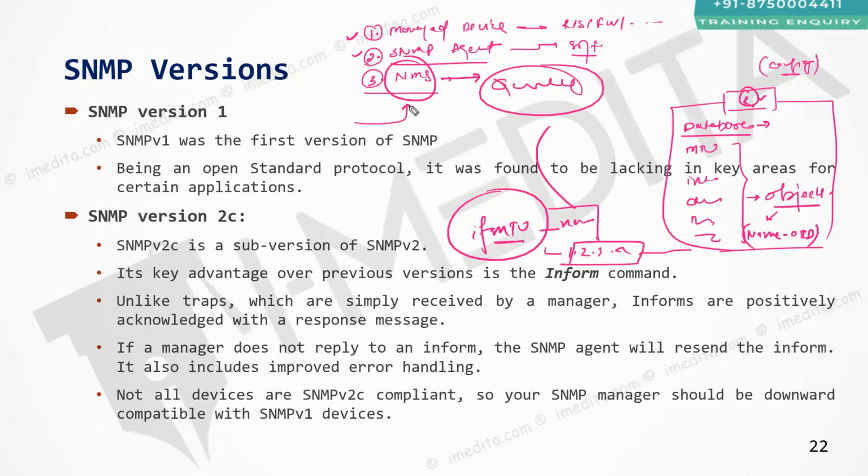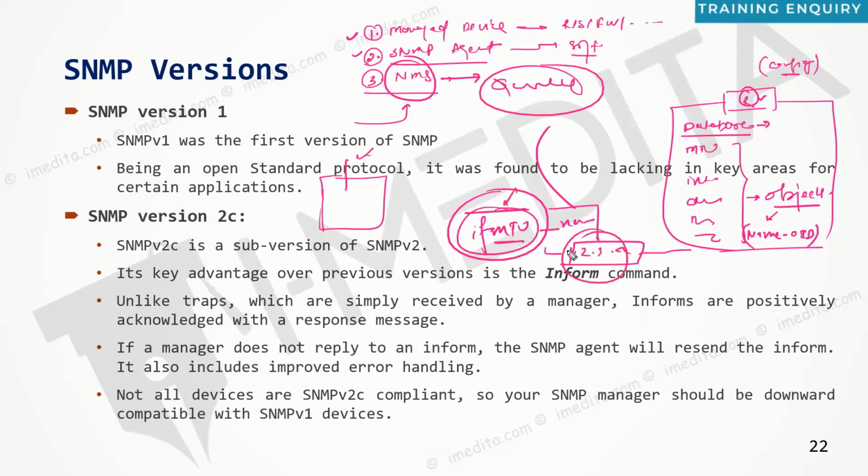You will go to your network management station, open your SNMP monitoring tool, and from there query for that object, either by using the name or by using the object ID. The object name is just the name, and the object ID is just a numerical value that we can use to get the information from the device.